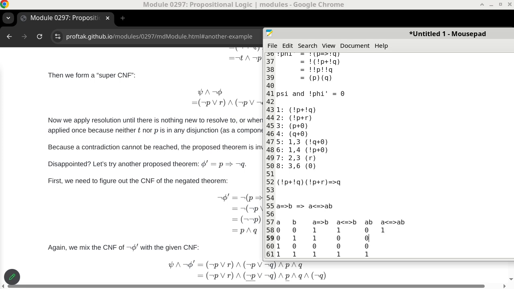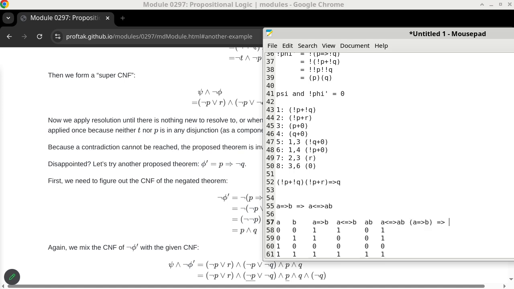That is a true. That is a true. That is a false. And that is a true. There we go. Finally, we have all the components. So let me express what we need to find out this time.